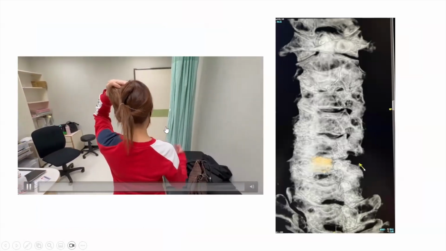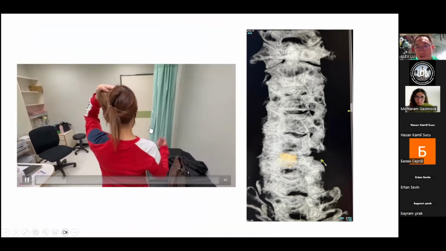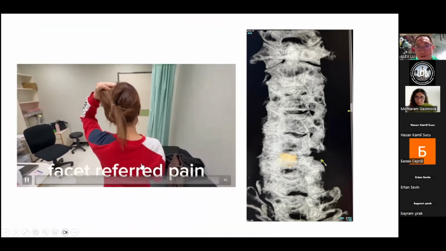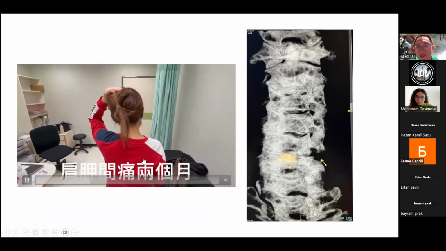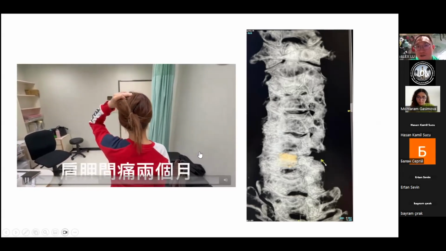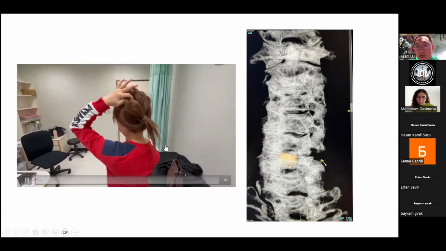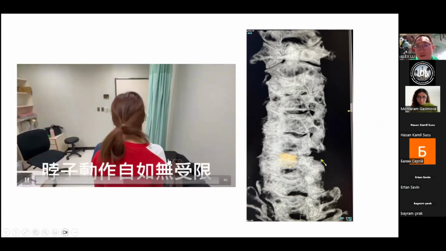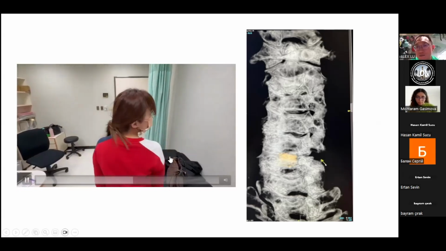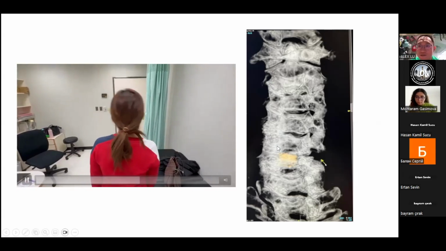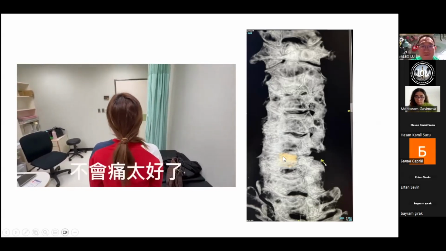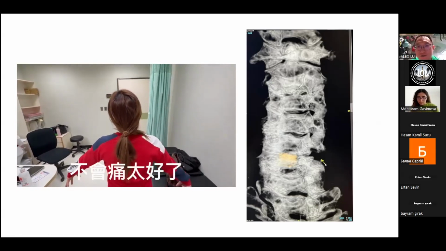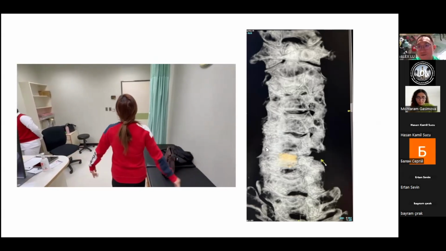She said initially she had a little bit of facet referred pain, interscapular pain. Around 2 months she had neck soreness, so I asked her to wear the neck collar. After 2 months, she said no pain anymore, and the neck stability and motion is very good. And the arm pain totally recovered. No arm pain anymore.